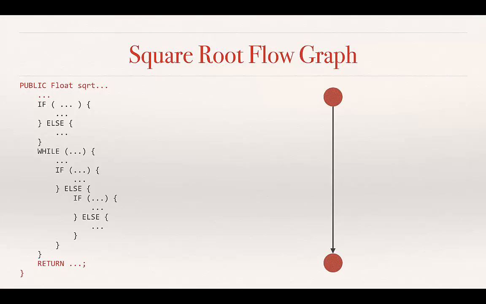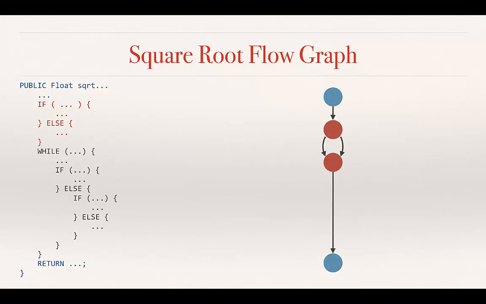We'll look at how to calculate the cyclomatic complexity metric at the end of this exercise. But it's good to know that the cyclomatic complexity for sequential code is 1, because there's exactly one path through the code.